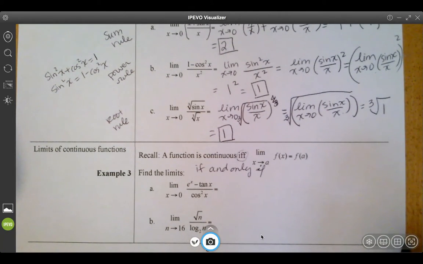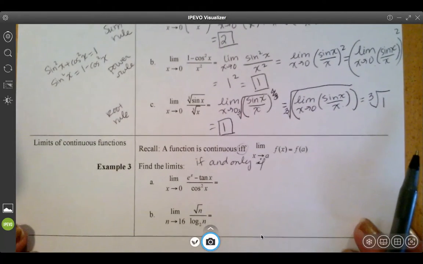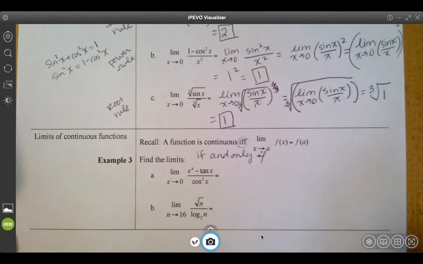Okay, so what I want to know is, are these functions continuous at these values? One of the ways that we can do that is we can use our graphing calculator. Or algebraically, which is the way I'm going to show you, we can use this set of properties.